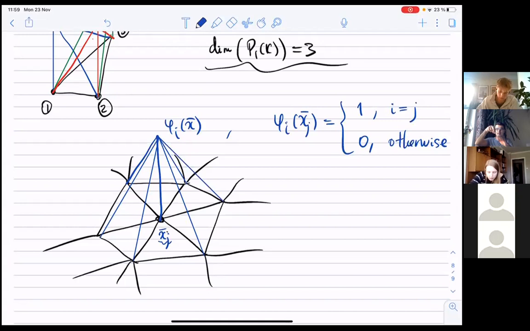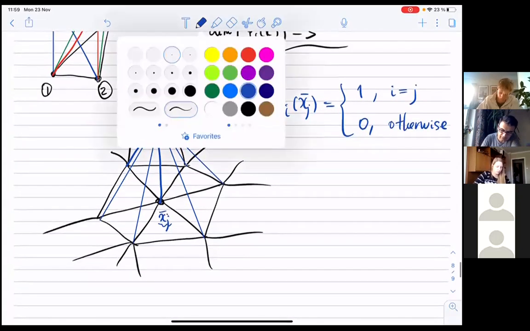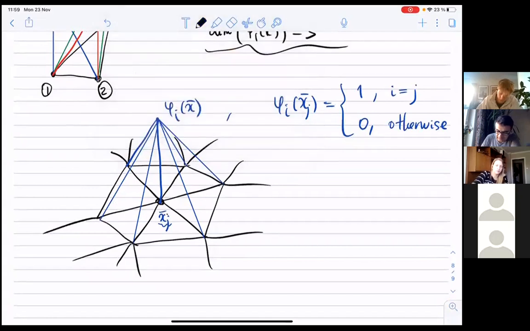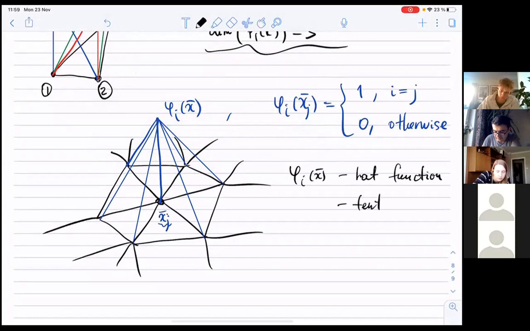It's like a tent, which is 1 in this point, and otherwise everywhere else is 0. It's defined in the whole domain. So in practice, this function is also called head functions. It's also called the tent functions.